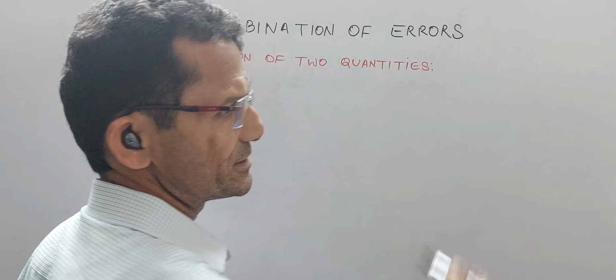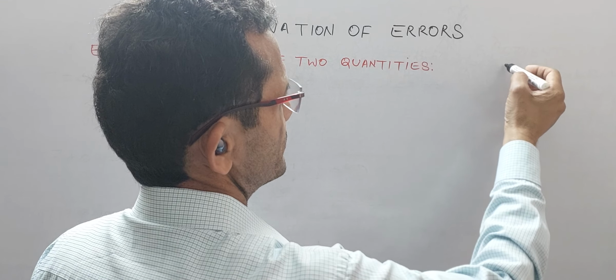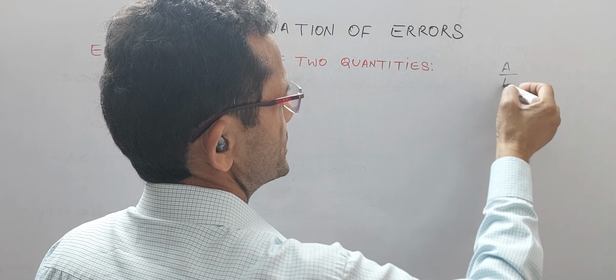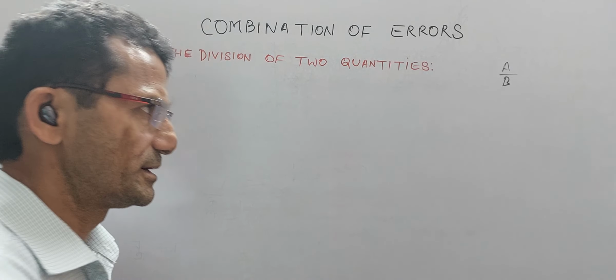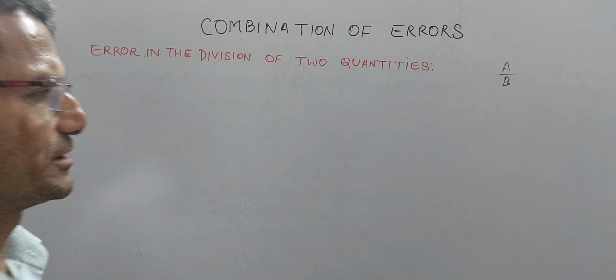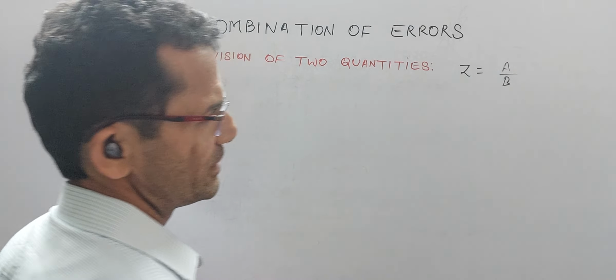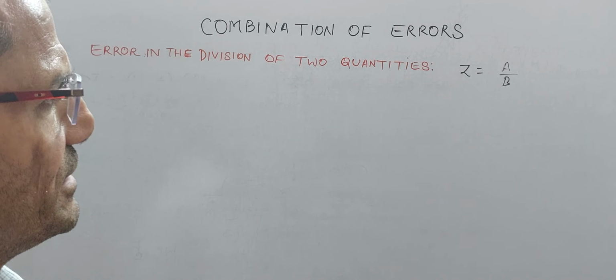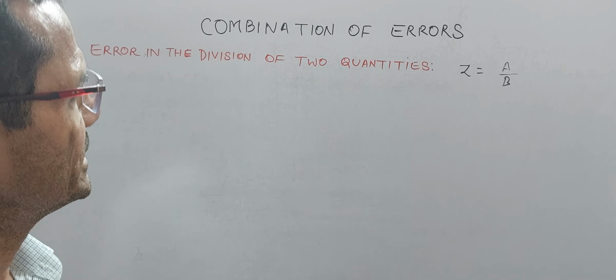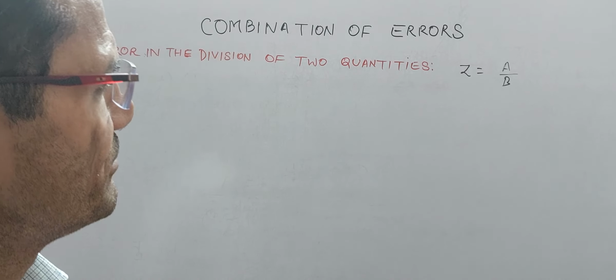We have two quantities A and B. Their division A upon B is also known as the quotient. Suppose the quotient A upon B is Z. So we need to calculate the error in A by B.